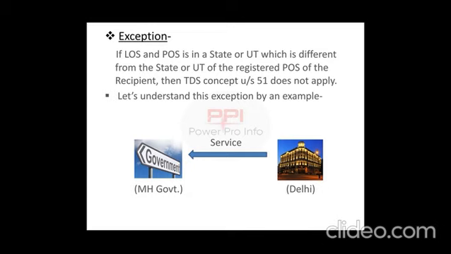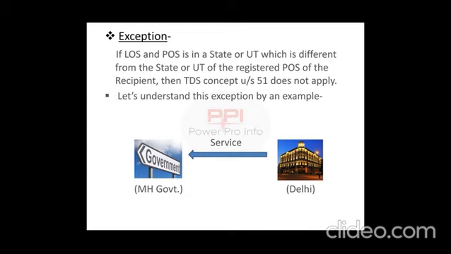For example, there is a 5-star hotel in Delhi, as shown in the image. So the location of the supplier is in Delhi, and say a Maharashtra government authority visited Delhi to stay in that hotel. Therefore, the place of supply will also be Delhi.